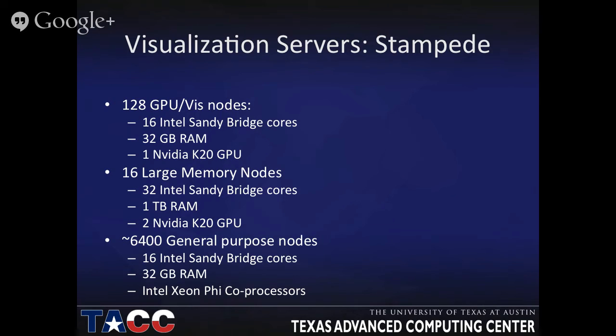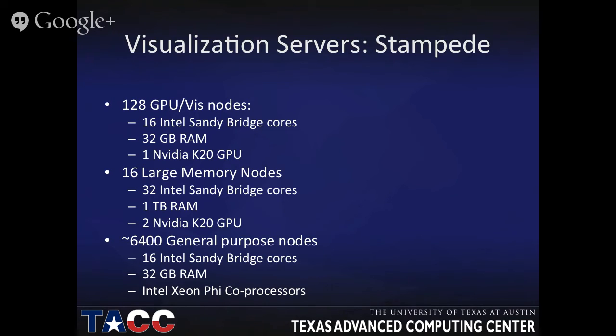So there you have twice as many cores and a huge chunk of memory, a terabyte of memory inside that box. And then there are 128 so-called GPU or Viz nodes that are the same as other compute nodes, but they also have a pretty powerful GPU. So that's what our visualization supercomputers really look like, okay?